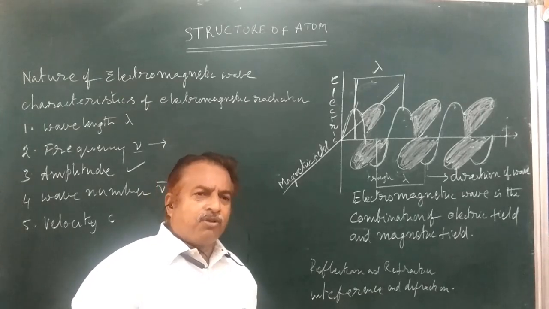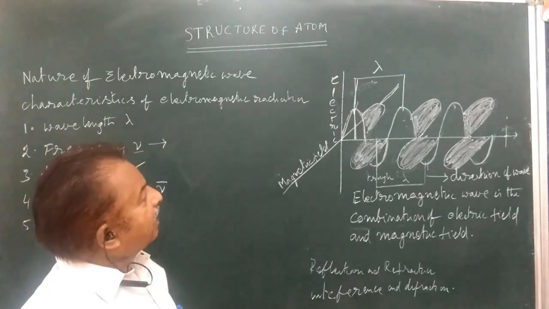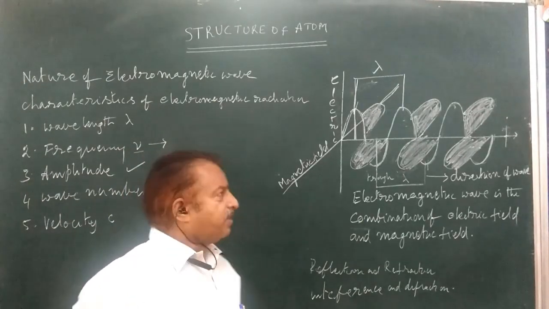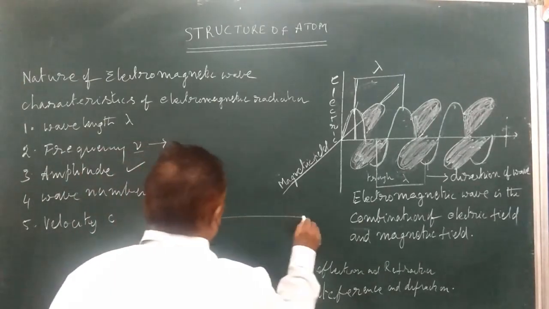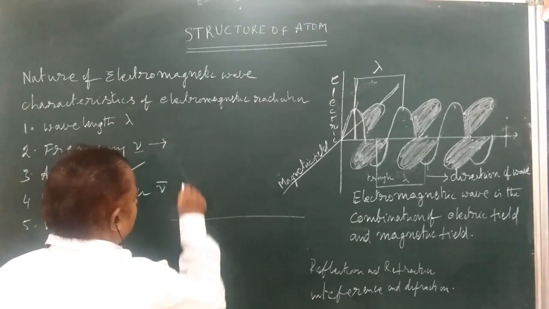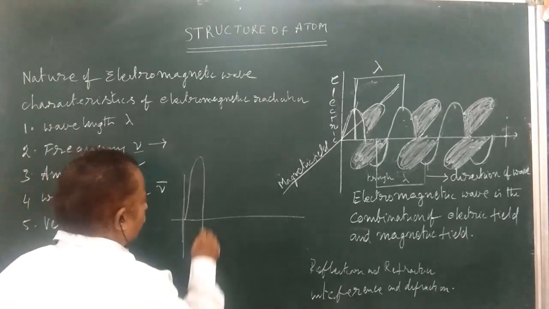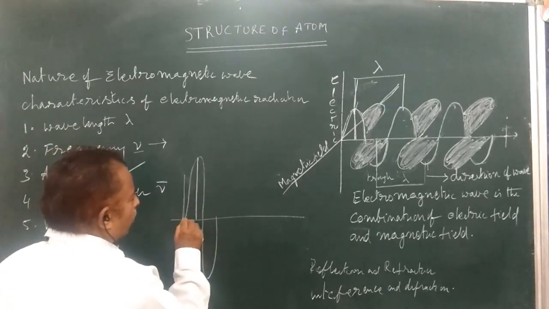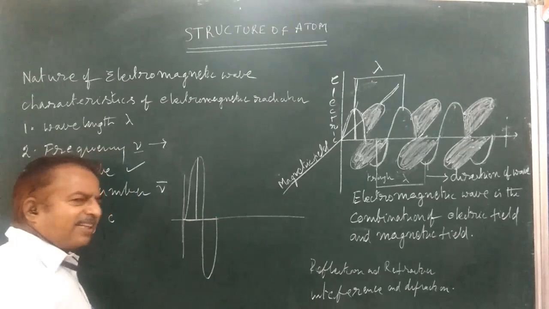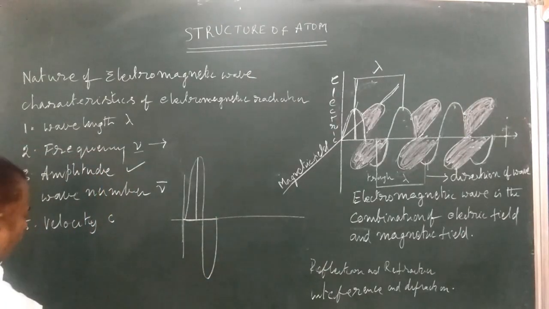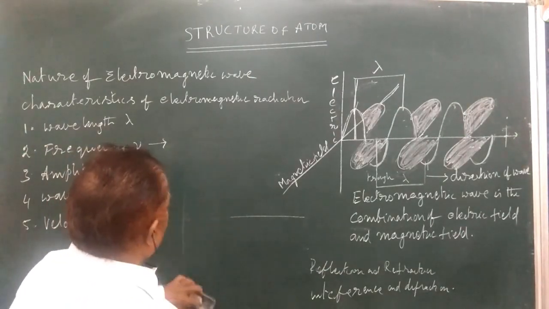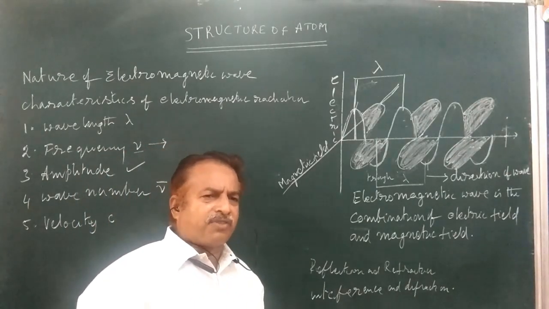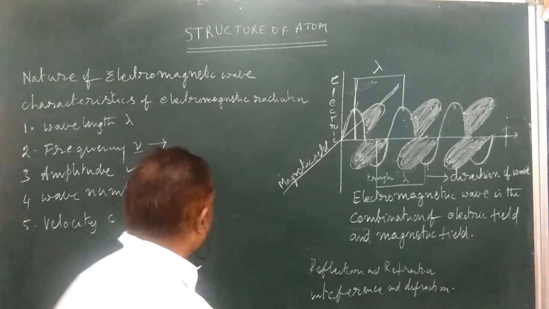Higher the amplitude, lower is the wavelength, and higher the amplitude, more is the intensity of the wave. Let us take this example. Here, this is the amplitude. See here, amplitude is more, so automatically the wavelength decreases. So amplitude means the maximum height of the crest or the deepest point of the trough.